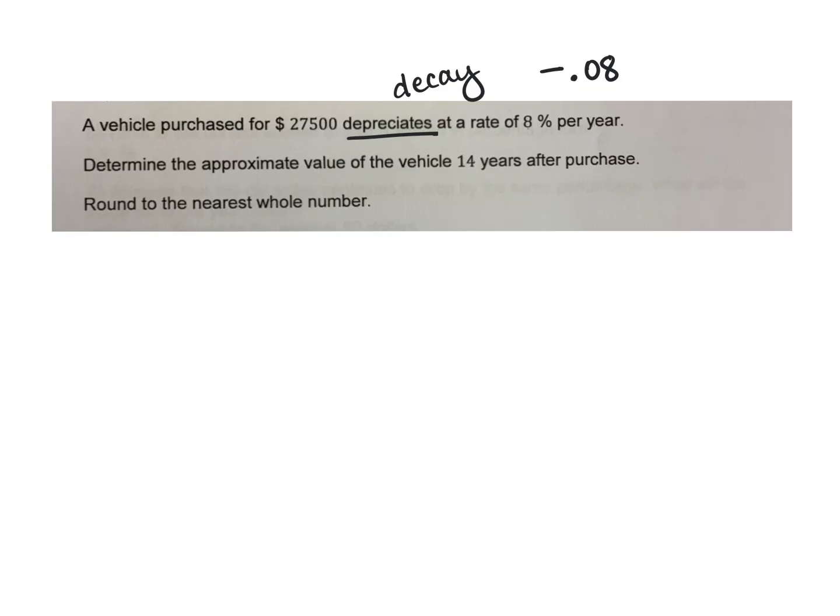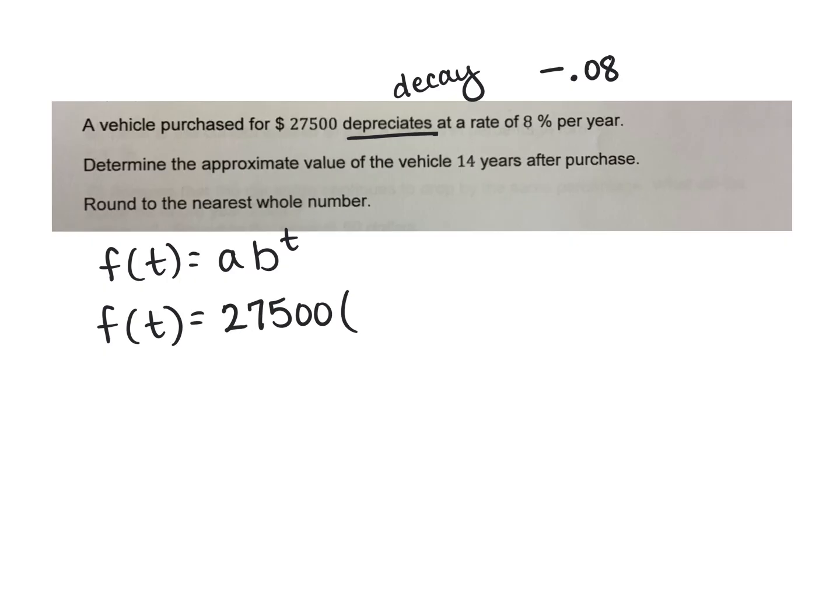So this is going to be f of x, or f of t, let's do t. F of t is equal to a b to the t. F of t is equal to my initial amount that I paid for the car, $27,500. My base is 1 minus the rate of 0.08, and I raise that to the t power.